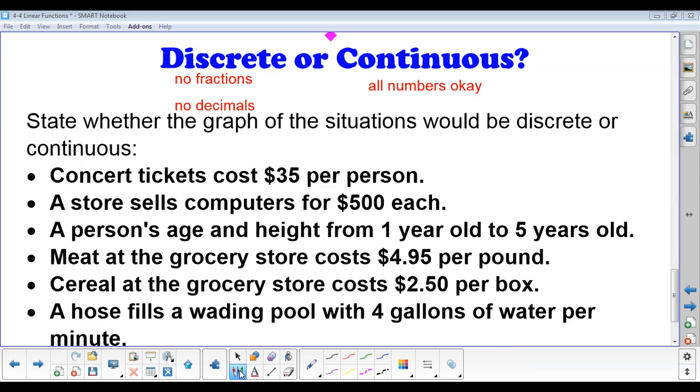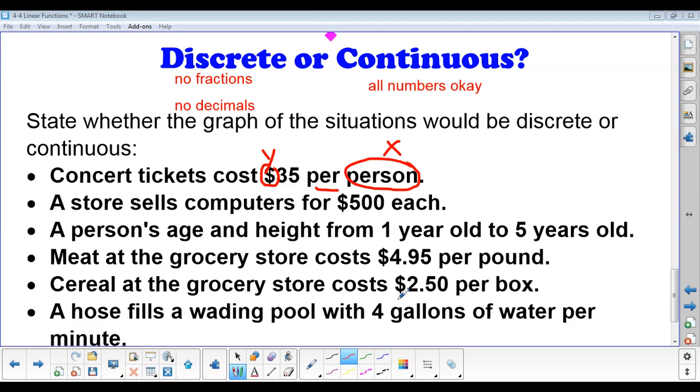So let's go ahead and read the first one. Concert tickets cost $35 per person. So remember, whenever we see that word per, the unit in front is our y, and the unit after is our x.